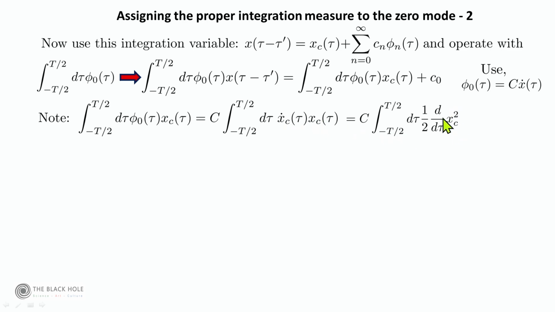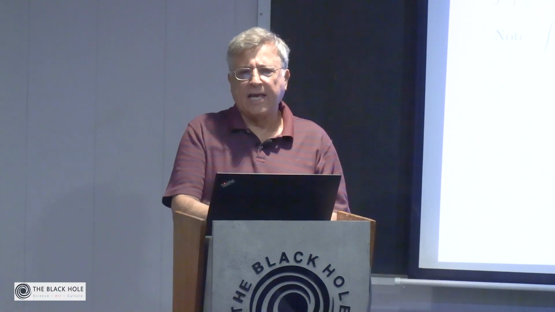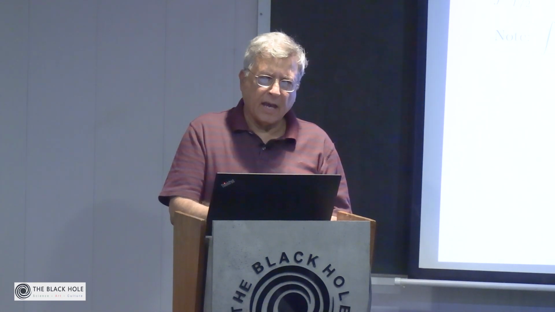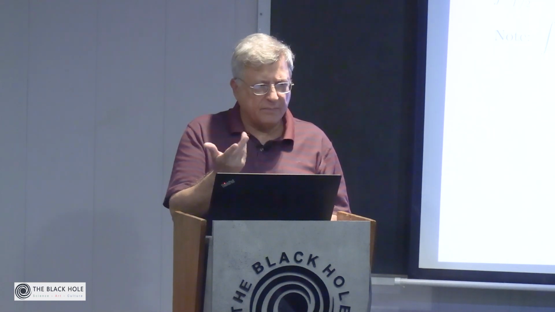But then the fundamental theorem of calculus says evaluate xc squared at the top minus xc squared at the bottom, and of course both of them are equal, and so this is equal to 0. Those are our boundary conditions. Remember that xc at minus T over 2 is equal to minus a, and xc at T over 2 is equal to plus a, but when you square them, they're the same thing.